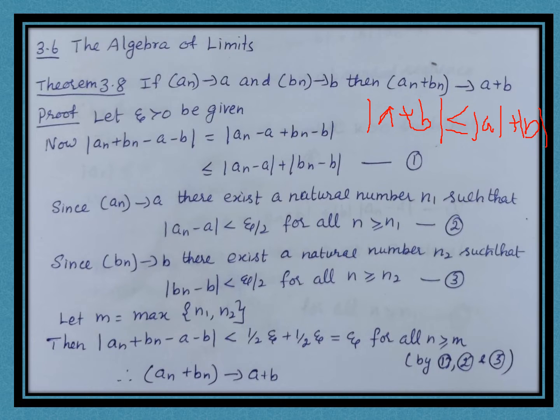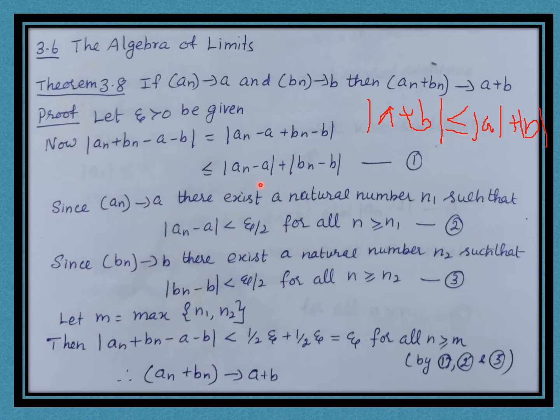So by this property, we have the absolute value of an plus bn minus a minus b as the absolute value of an minus a plus bn minus b. By this method, we take it as two inequalities. Therefore, that is less than or equal to the absolute value of an minus a plus the absolute value of bn minus b.